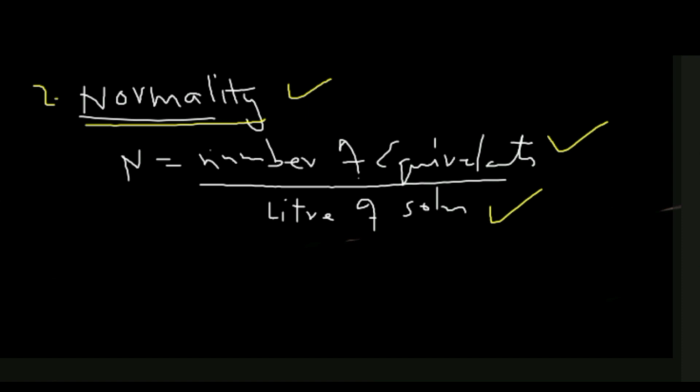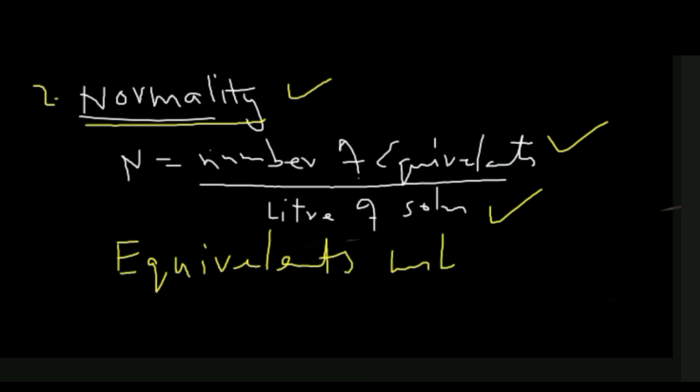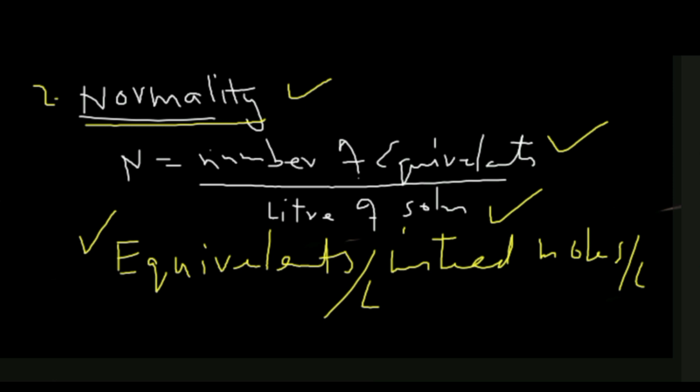In molarity, we discussed that molarity is equal to the number of moles per liter of solution, but here we use equivalents instead of moles. So here we will use equivalents per liter.